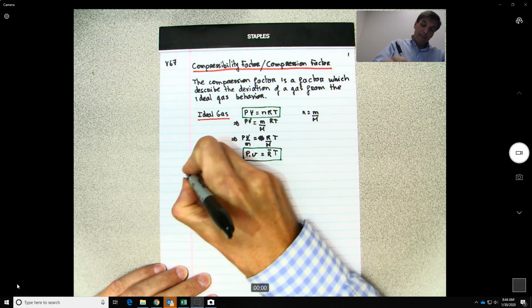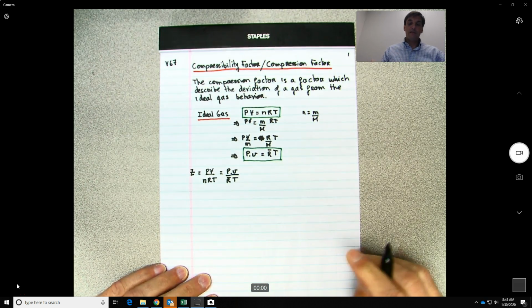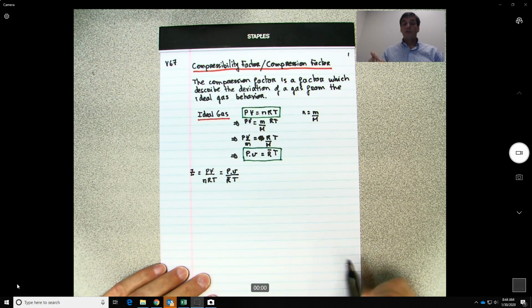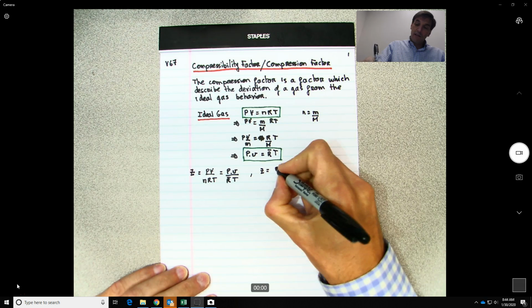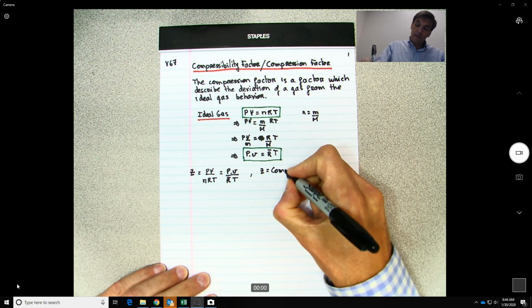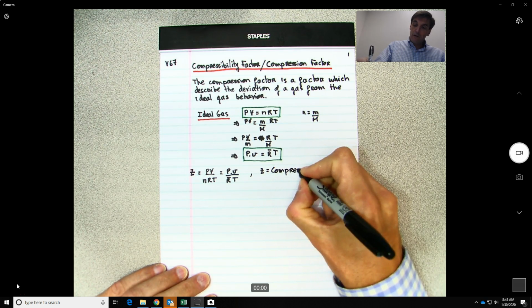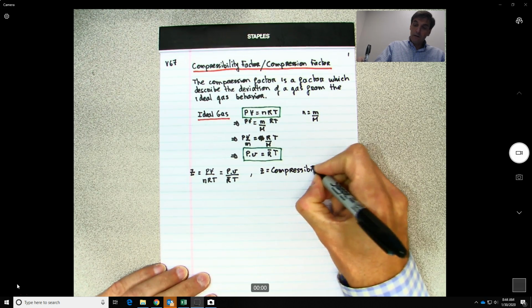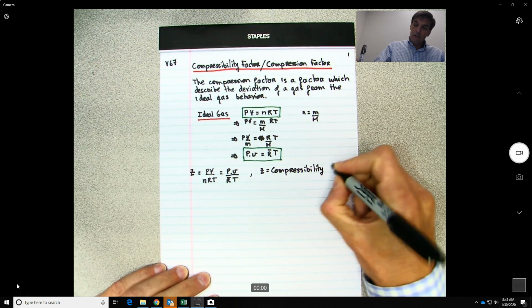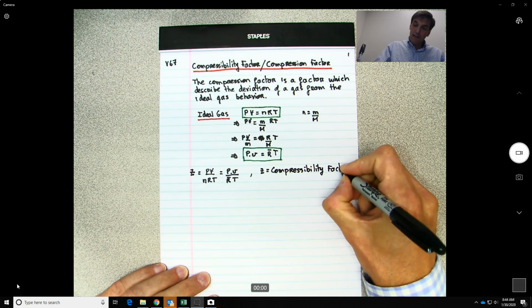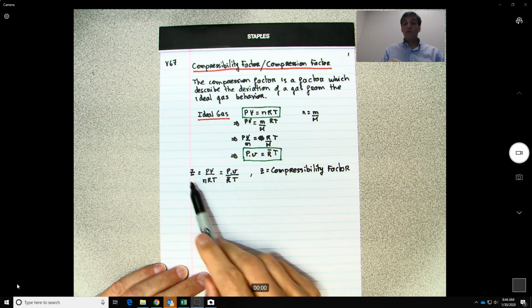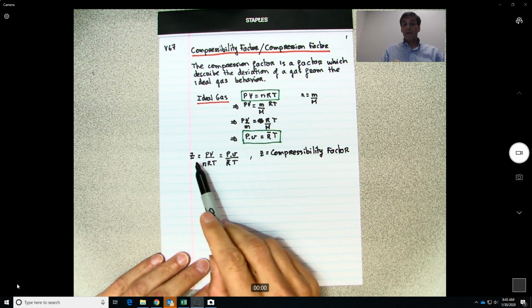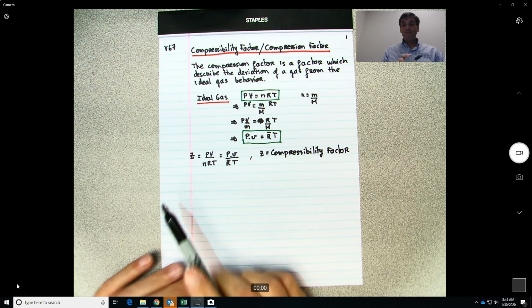But if it deviates, that means that it's not going to be equal to 1. So basically, this is Z, which is the compressibility factor. So we say that if it behaves like an ideal gas, these relations are true, so Z equals 1. If it deviates a little bit, Z will generally be lower than 1. Okay?